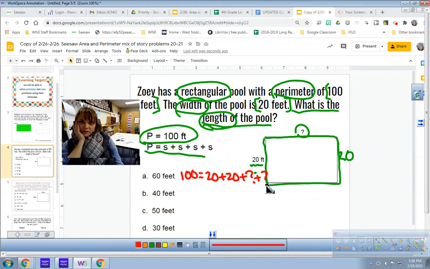What would that look like if we drew a bar model? I think it would look like this.